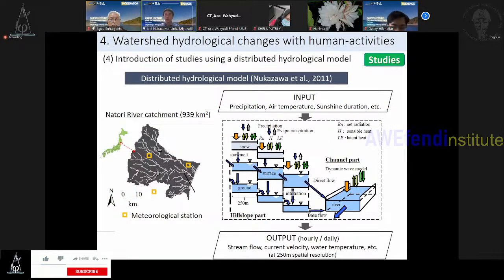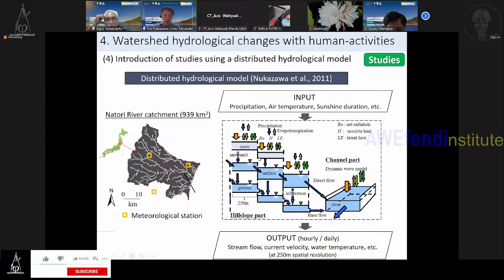Okay, so let me move to a simple introduction of my study. This is an explanation of the distributed hydrological model developed for a river catchment in the northern part of Japan. This model is more complex than the lumped model I explained, such as the unit hydrograph.